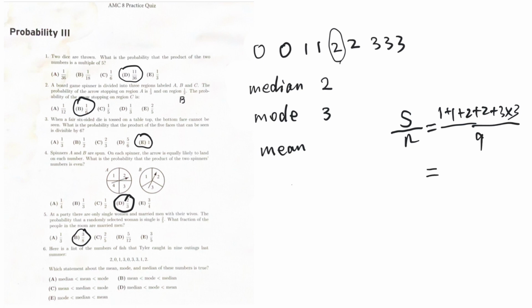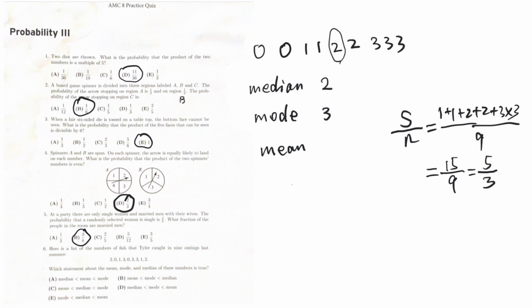That is 15 over 9. That's divisible by 3, so we cancel 3.